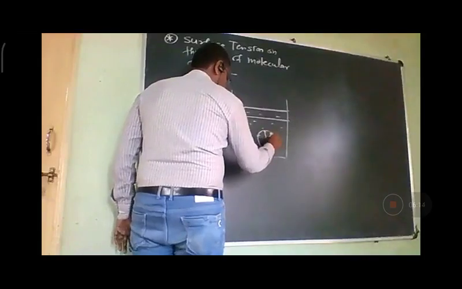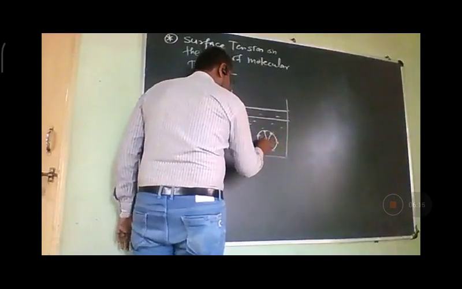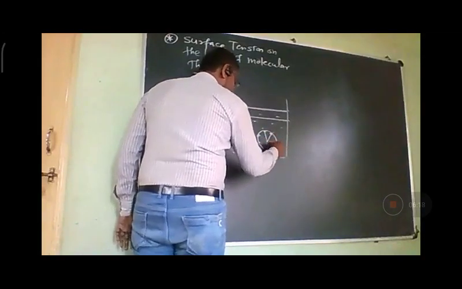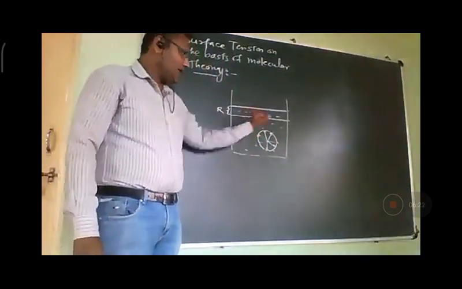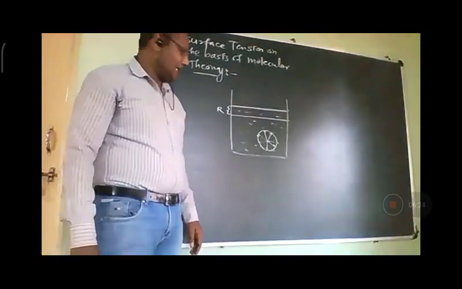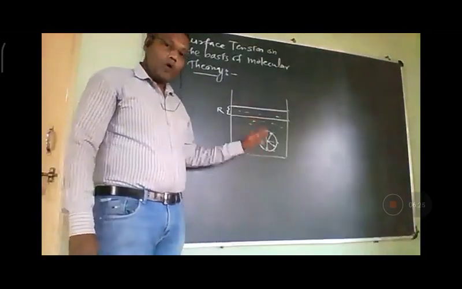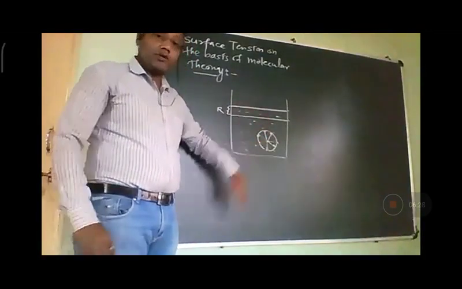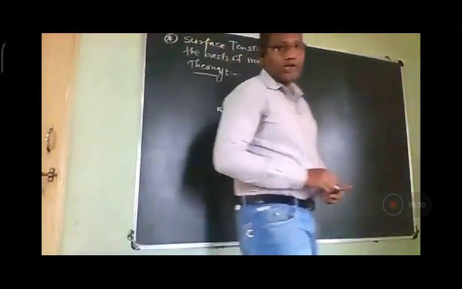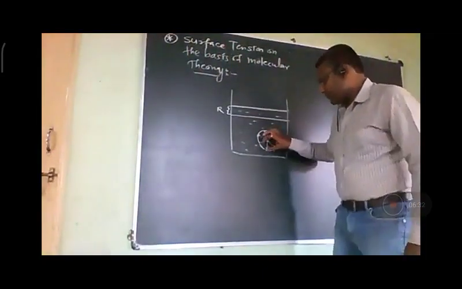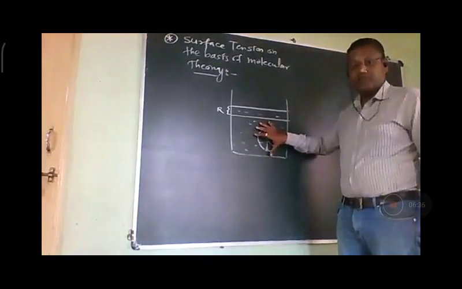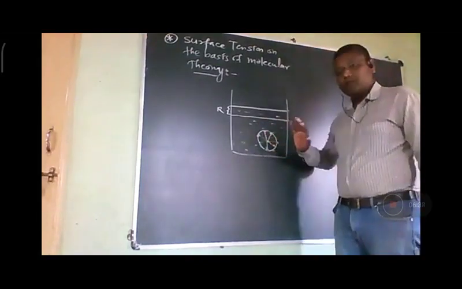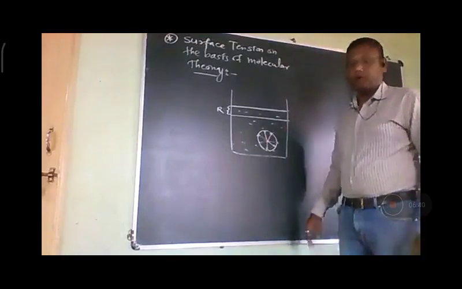If any molecule is present on the surface or inside the sphere, it is able to exert a force upon the center molecule A, and molecule A can exert force on that molecule only. If any molecule is outside the sphere of influence, the center molecule is not able to exert force upon it.